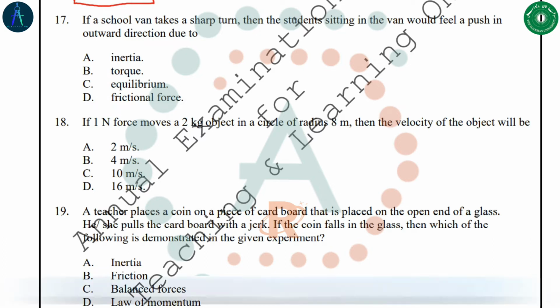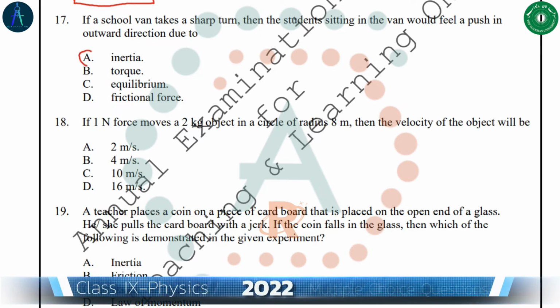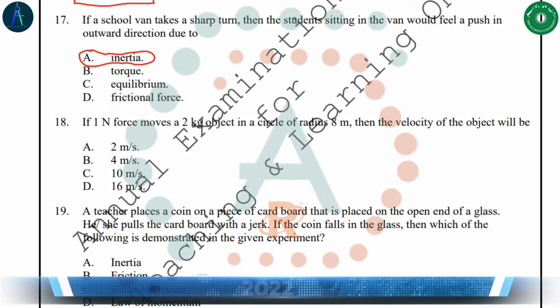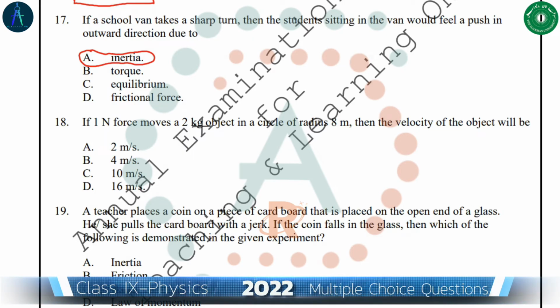So all these phenomena are due to a property of the body known as inertia, which describes that a body wants to continue its state of rest or state of motion, and the body can resist a change in its state due to this property known as inertia.